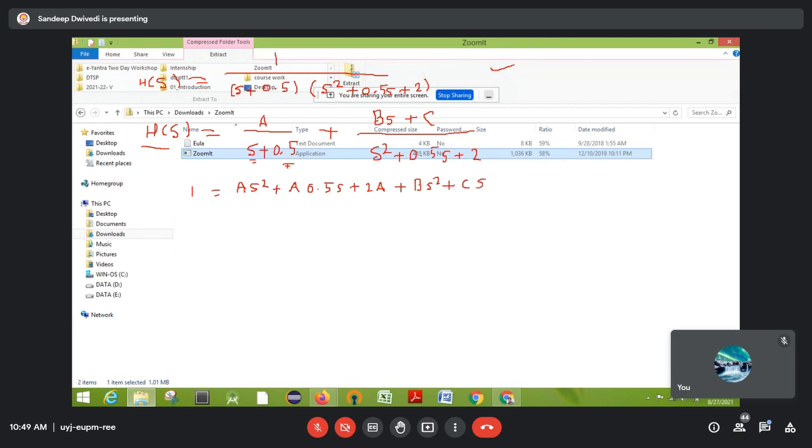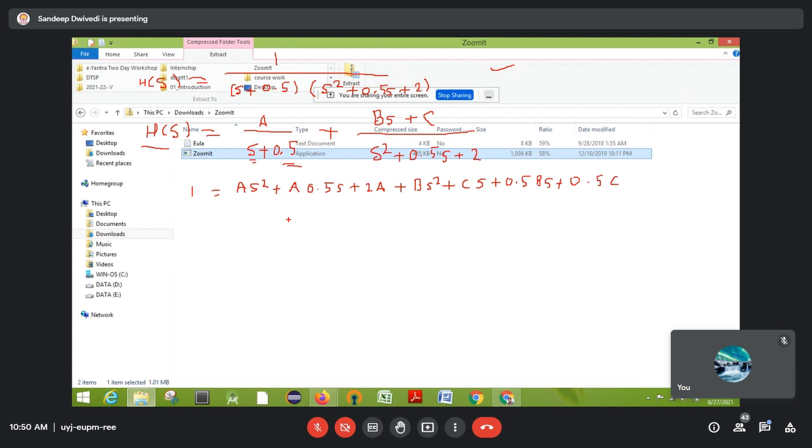Then with 0.5 I will multiply this, so this will be plus 0.5 B s plus 0.5 C, and that is equal to 1.